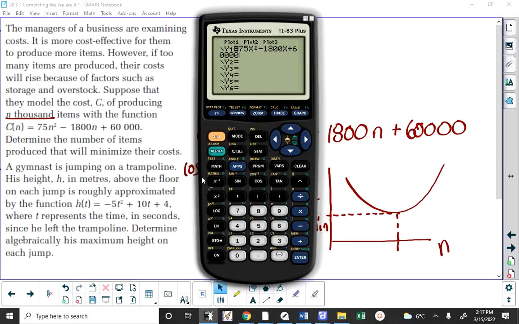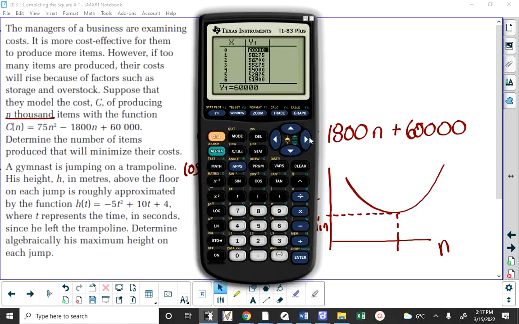Now, we've done this table thing many times to explore what to put for our window settings, and I'm hoping every time we do it, it makes more and more sense. We know this is a minimum. So if I were to just start at 0 and go up by 1, what does my table look like?